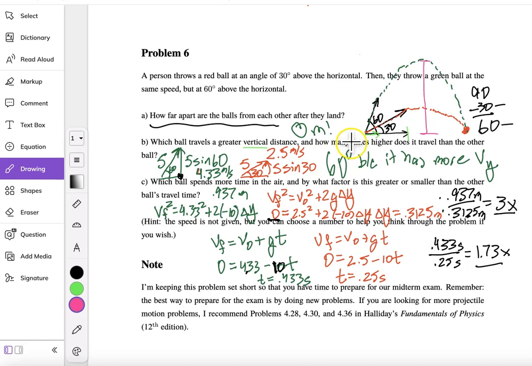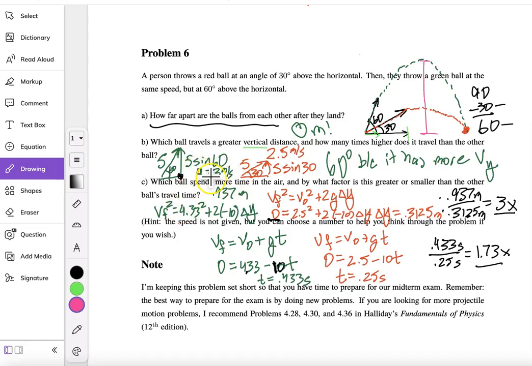The thing we have to figure out is how high each of the two balls goes. To do that, we have to find the speed in the y direction, which we did right here. We did 5 sine of 60, and that gives us our speed up.